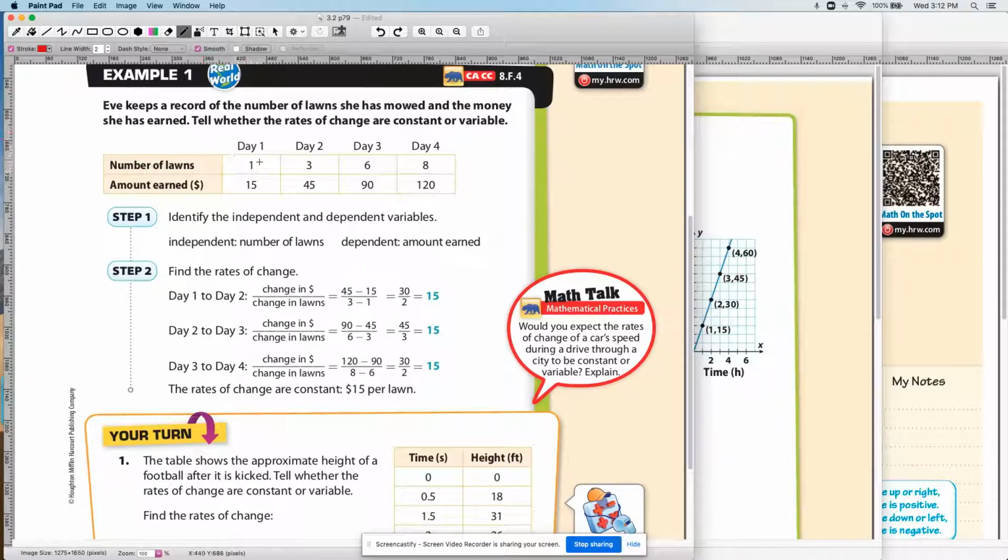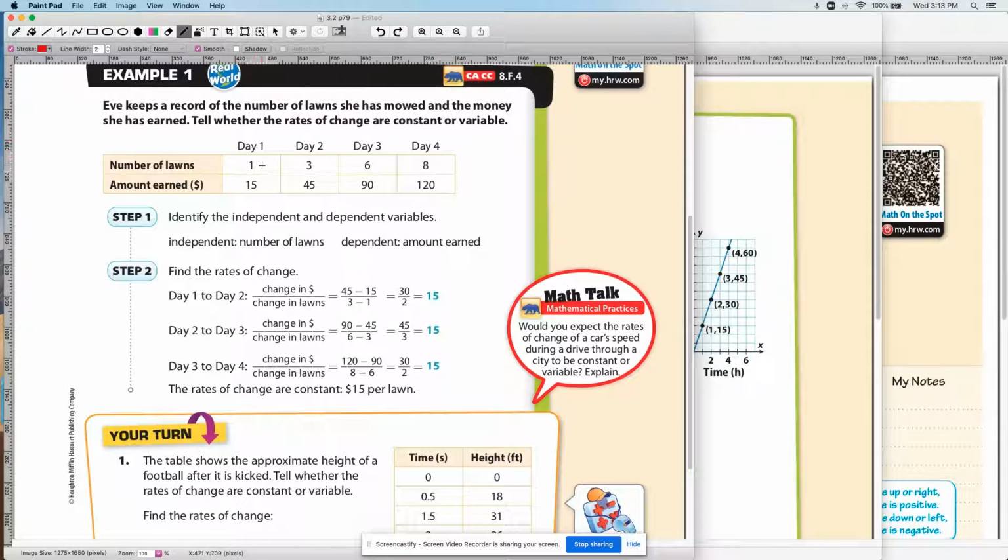In number 1, I am on page 79 of your textbook. Eve keeps a record of the number of lawns she has mowed and the money she has earned. Tell whether the rates of change are constant or variable. She put it in a table form, with the number of lawns and the amount she earned, each day broken up.